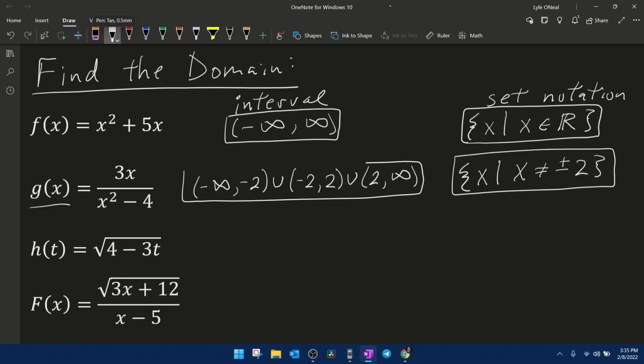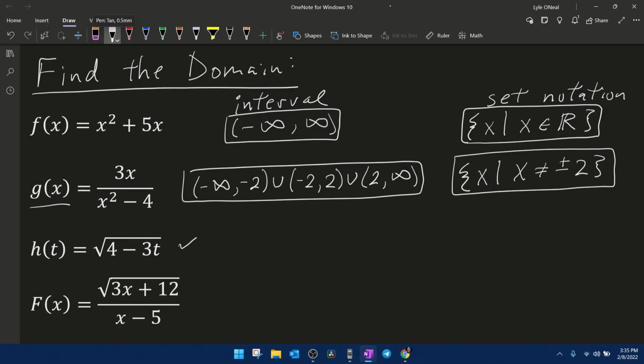So this would be your domain in interval notation, showing that x can be anything from negative infinity to infinity except negative 2 and 2.